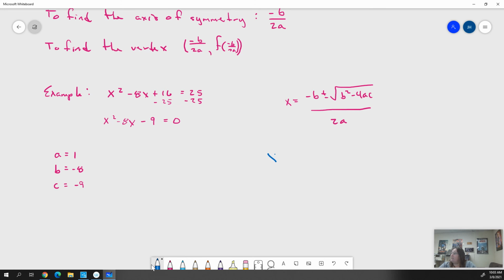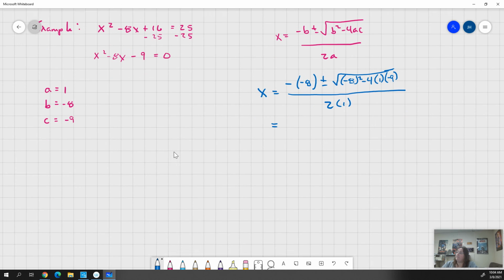I'm going to go x equals minus negative 8, plus or minus negative 8 squared, minus 4 times a, which is 1, and c, which is negative 9, all over 2 times 1. And so we're just going to solve this one piece at a time, right?